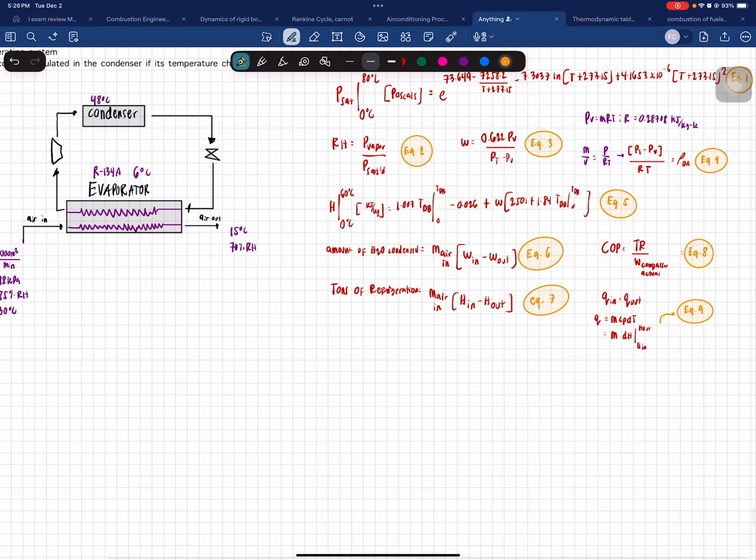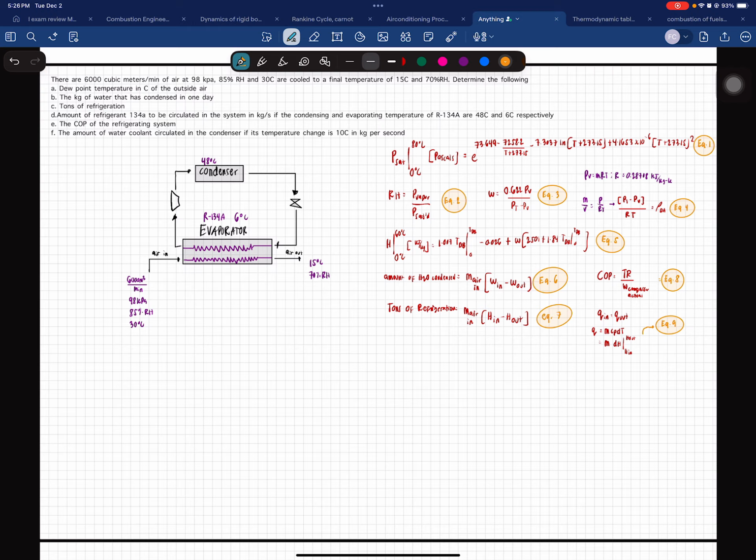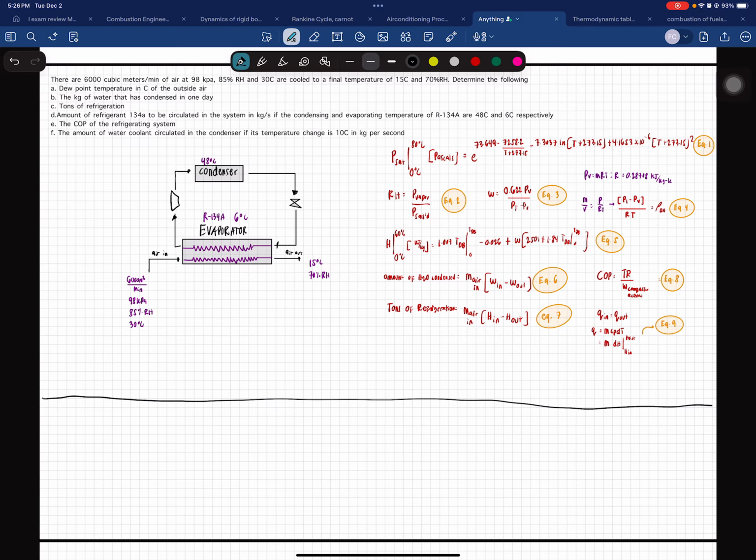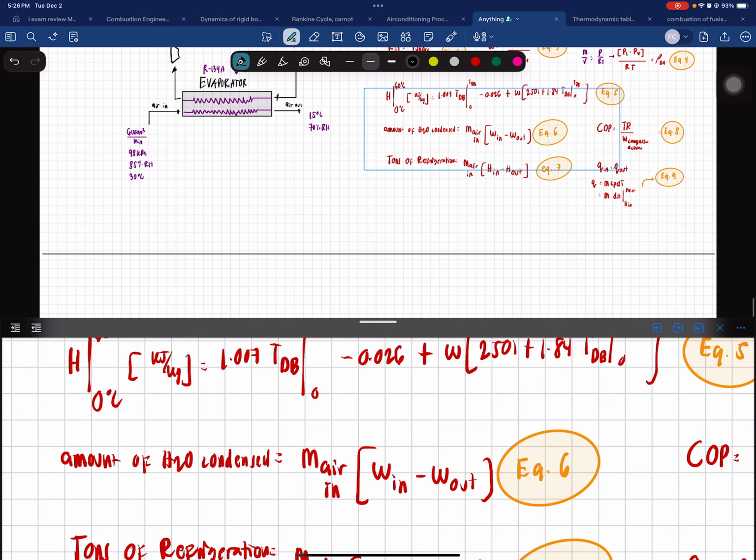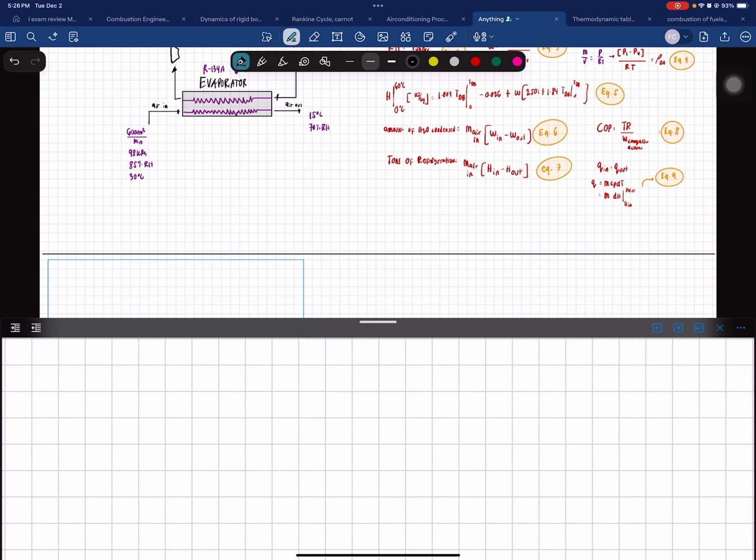Okay, so let's first try to solve A, B, and C. So we'll put it here. Right, okay. So what's the first thing that we have to find?